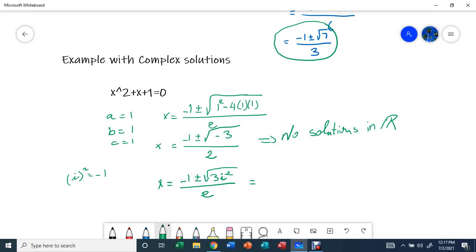And now the square root of i squared is i, so we get negative 1 plus or minus i square root of 3, divided by 2, and that's my two solutions in C, the set of complex numbers.